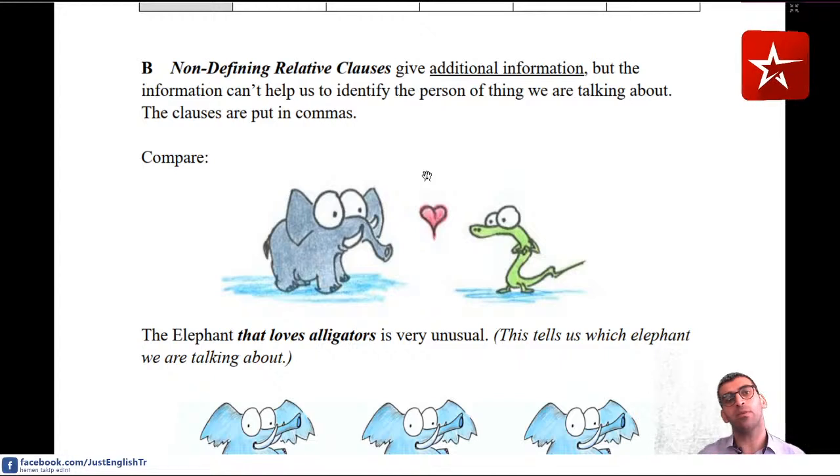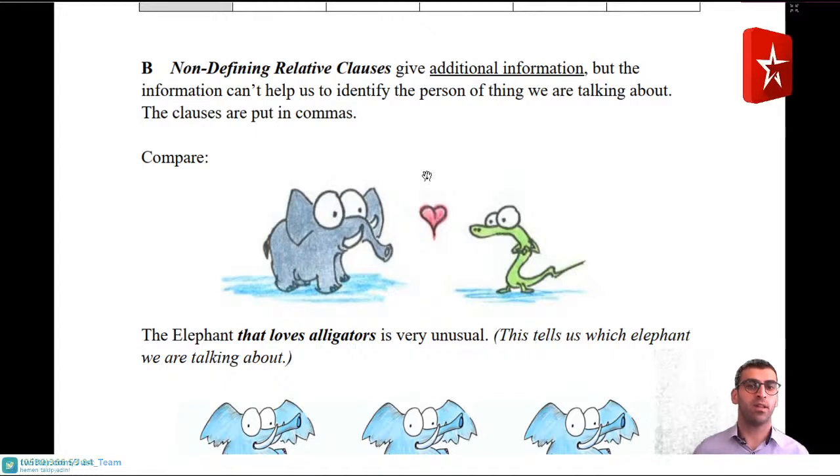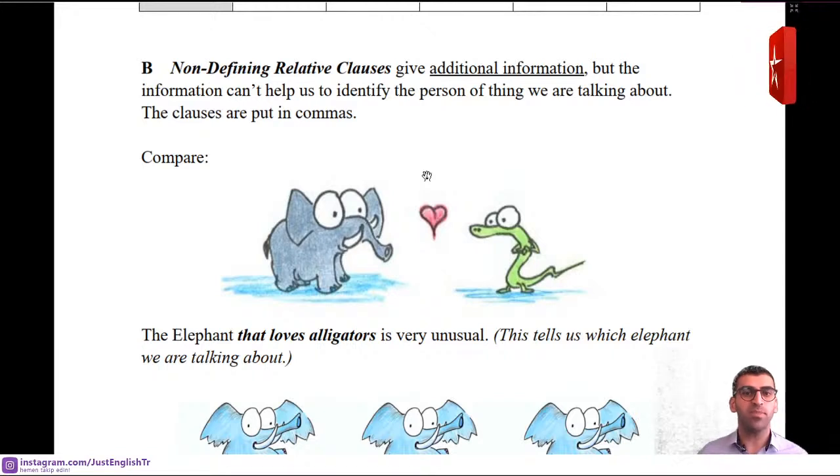So without this information, the sentence still makes sense, we still have the meaning, okay? But with defining relative clauses, if we remove who, whose, which, or that, there won't be any meaning. It won't make any sense. But with non-defining relative clauses, if we remove the additional information from the sentence, it will make sense again. But the information can't help us to identify the person or thing we are talking about.